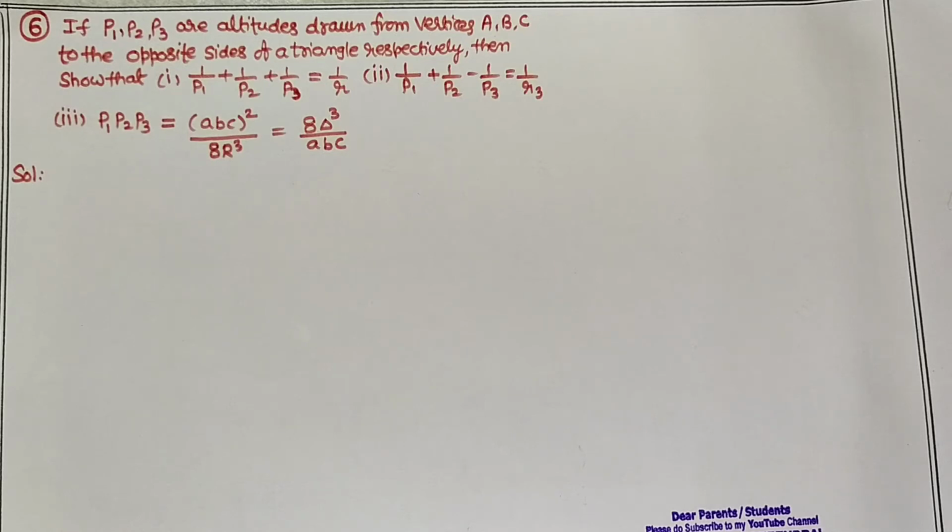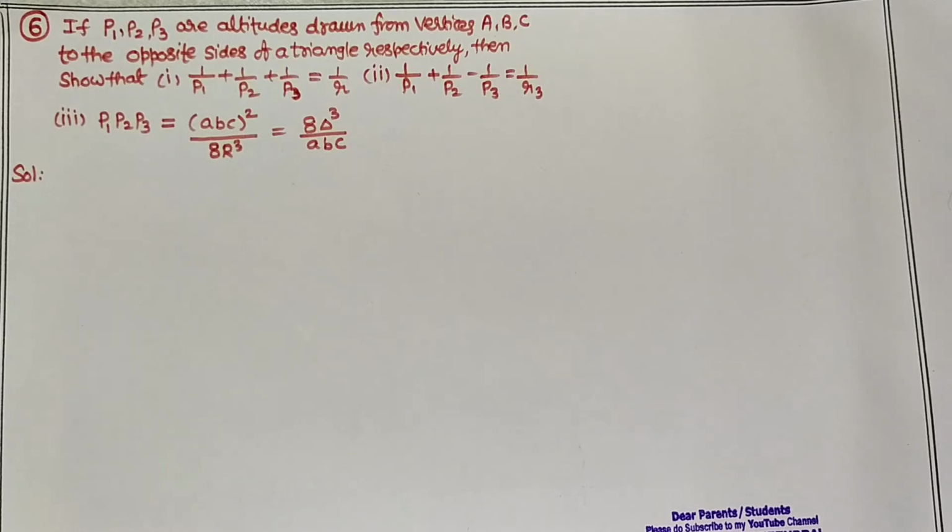And the third one, P1 into P2 into P3 equal to ABC whole square divided by 8R cube equal to 8 delta cube divided by ABC. This result we are going to discuss now.